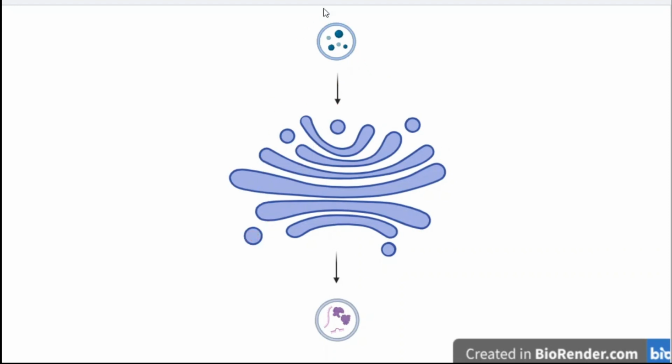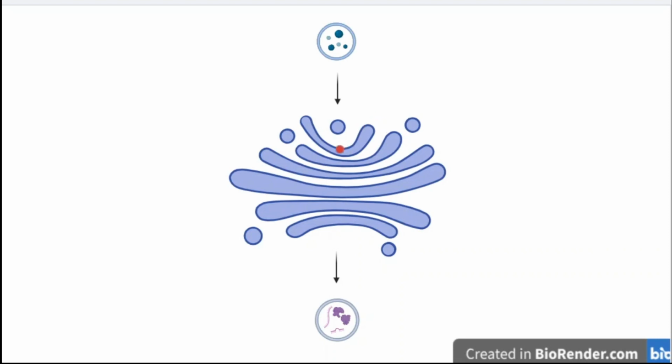Be careful with that, it's always the cis side, because at the cis side it will fuse with the membrane of the cisternae of the Golgi apparatus, and then the proteins inside will be released inside the cisternae. In the cisternae, there will be some modifications like sulfation, glycosylation, and phosphorylation, and a couple more.